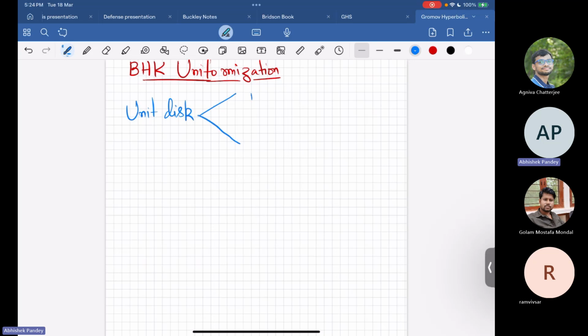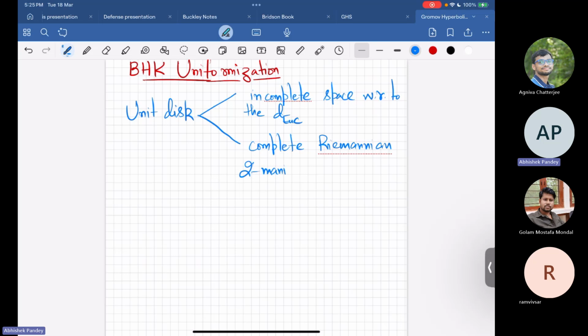One is an incomplete space with respect to the Euclidean metric, and the other is a complete Riemannian two-manifold of constant negative curvature.